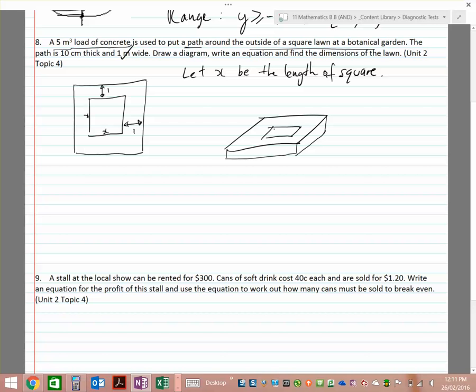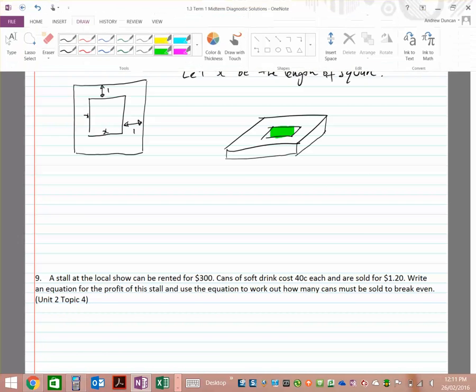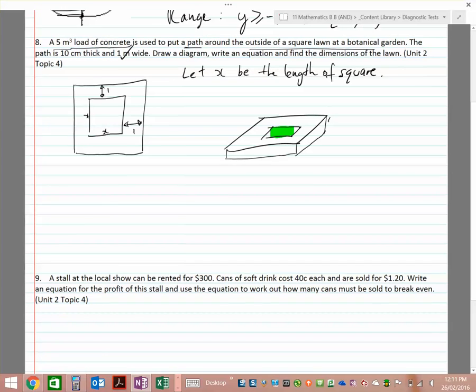It'd be a big block like that. Inside here is grass, and we're making a path around it that's 10 centimeters thick. That's another trick, that this is 10 centimeters, but we'll use it as 0.1 meters so that we have all the dimensions in the same unit, and we'll be able to calculate meters cubed as well.